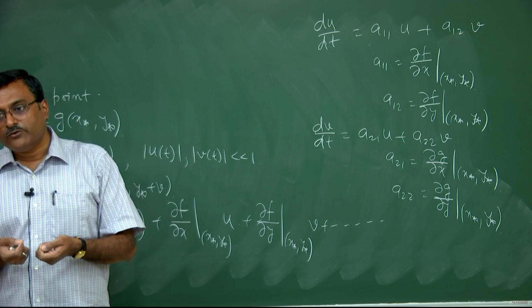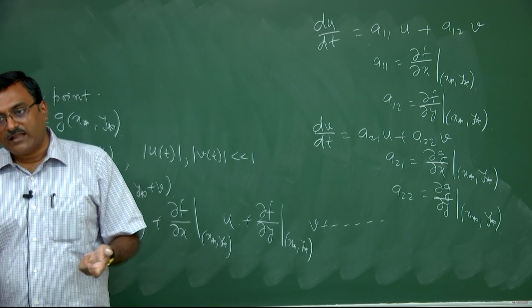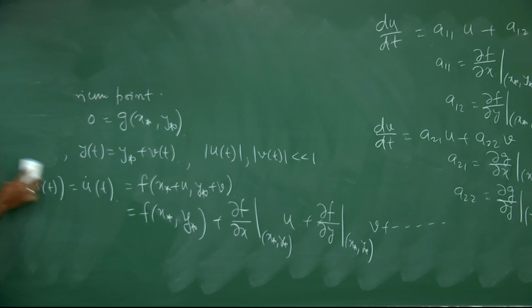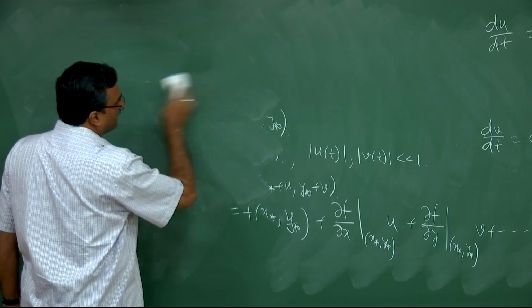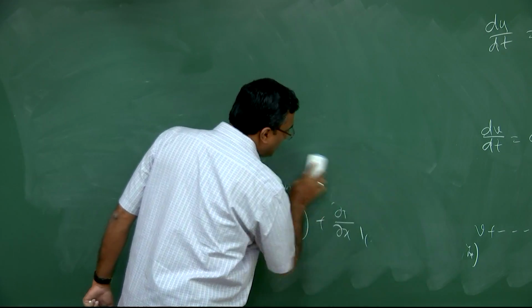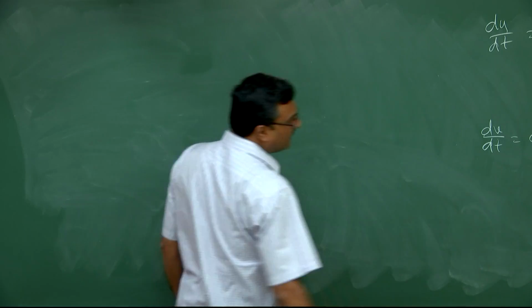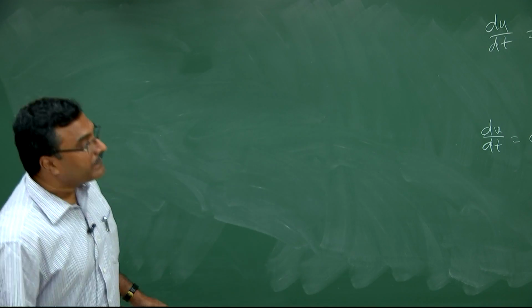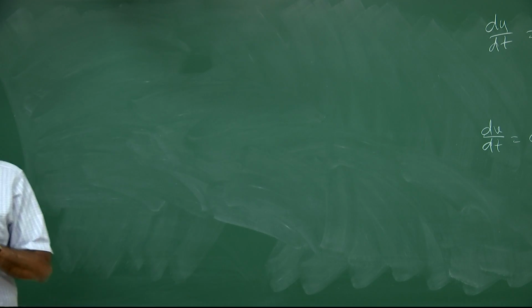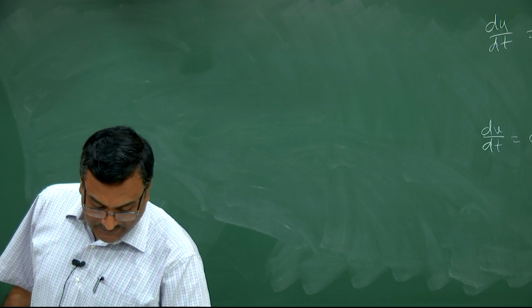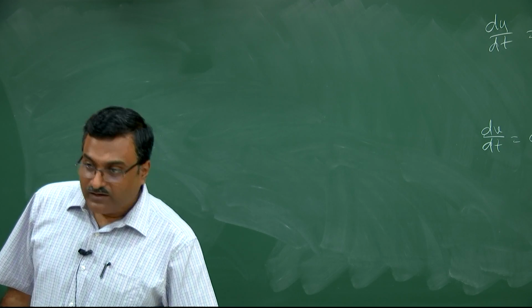So the question is whether we need to find out the complete solution. The answer is no. There is a very specific way, or rather a simple logic, from which you can easily check, in case of a two variable system, whether the zero solution for this linear system is stable or not, and accordingly you can conclude whether the equilibrium point x star, y star for the nonlinear system is locally asymptotically stable or not.